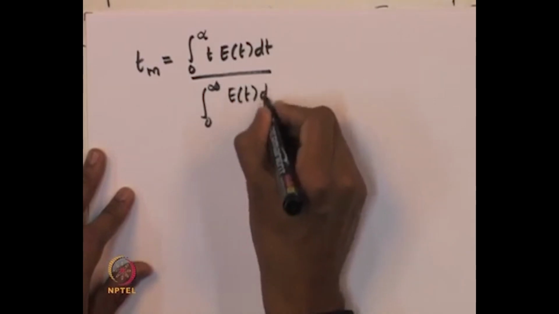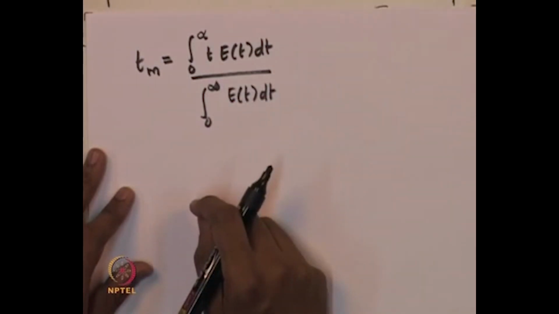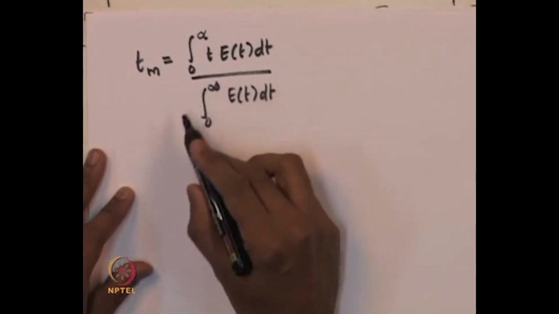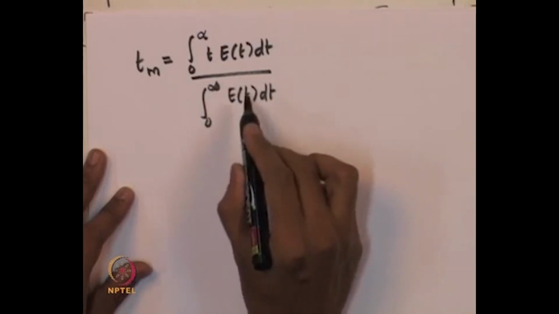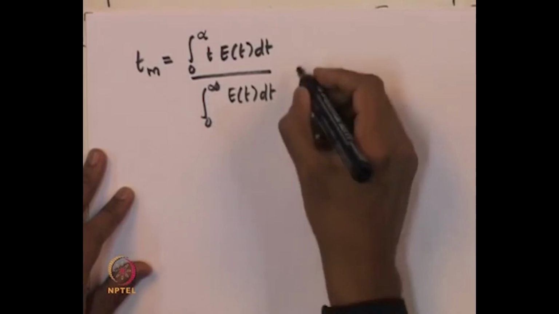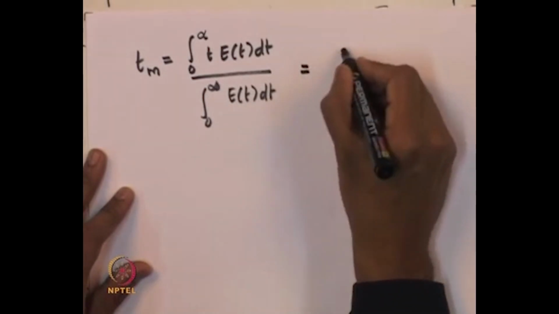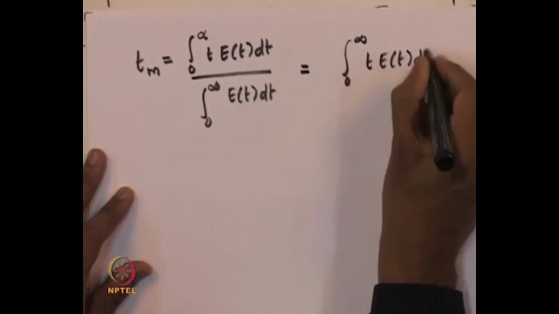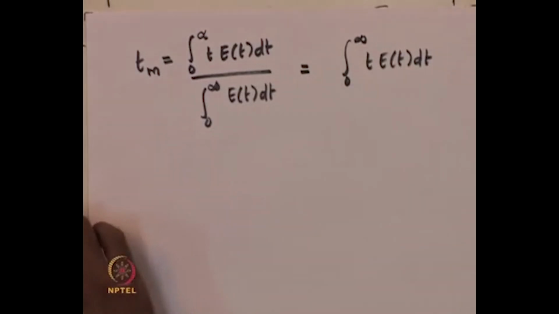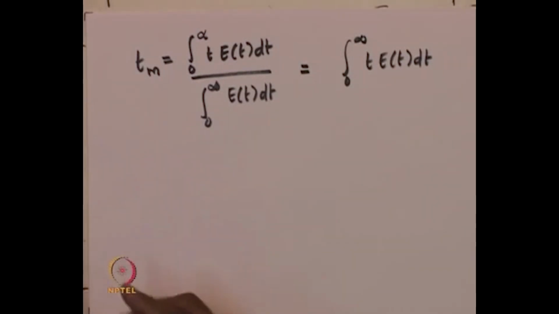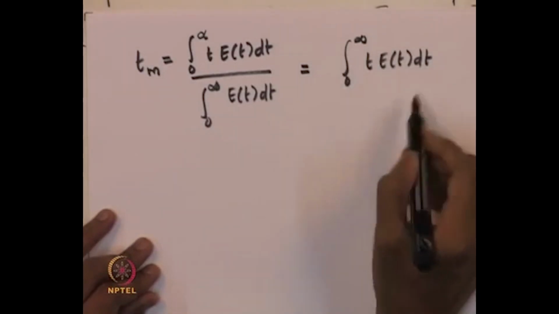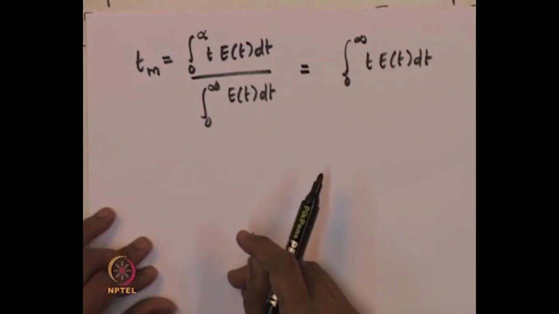Because the integral of the E curve, the RTD function, between 0 and infinity is equal to 1, this expression can be simplified as integral between 0 to infinity t into E of t dt. That is the expression for the mean residence time if the RTD function E of t is known. If it is known, one can simply plug it into this expression and find the mean residence time.